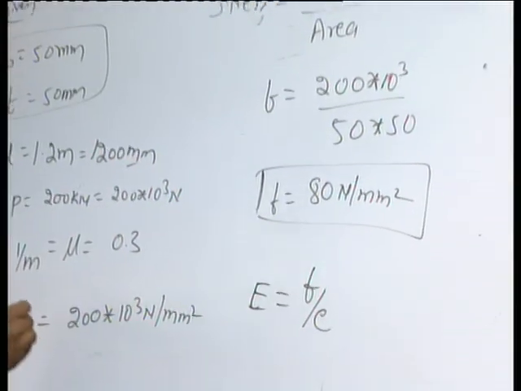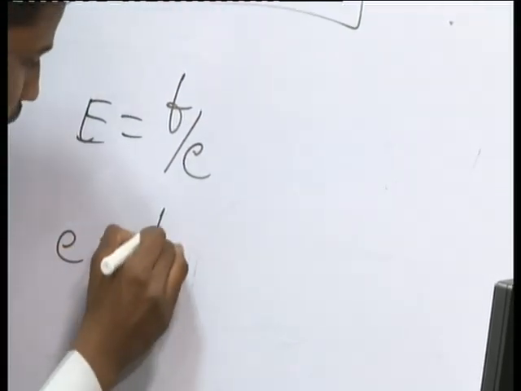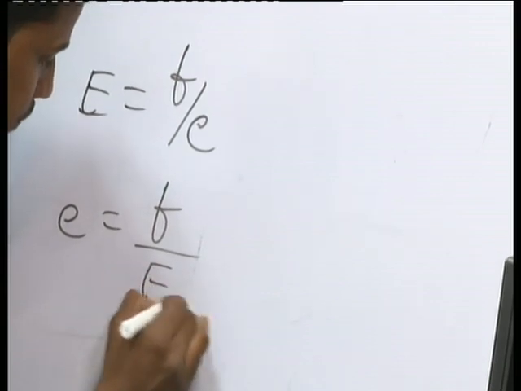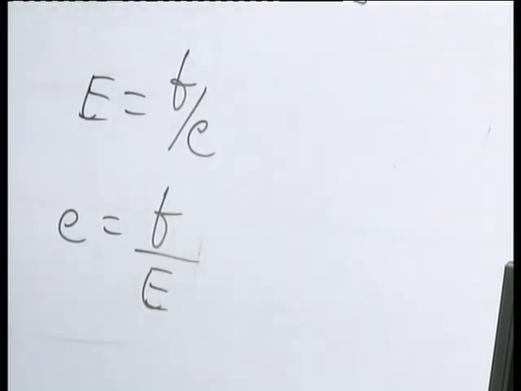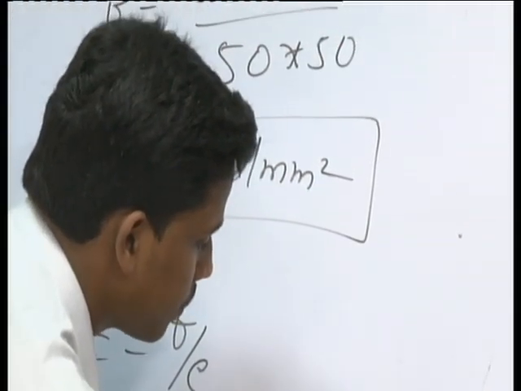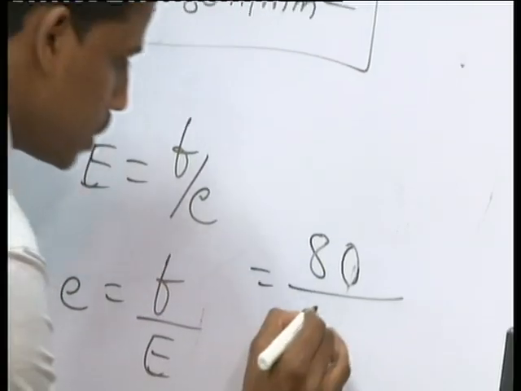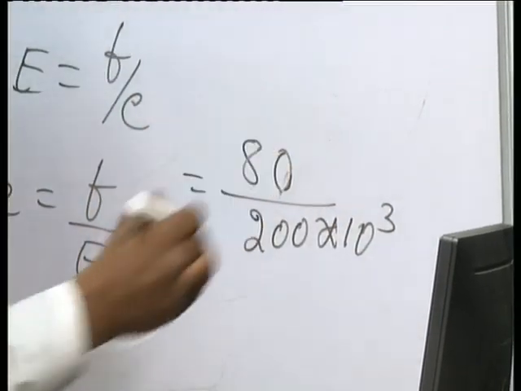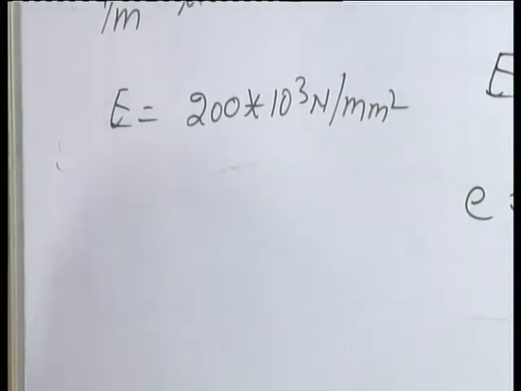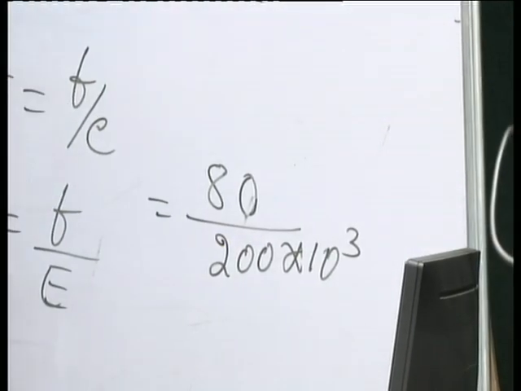Young's modulus is equal to stress by strain, so strain is equal to stress divided by Young's modulus. We have stress equal to 80 and Young's modulus equal to 200 into 10 to the power of 3, so 80 divided by 200 into 10 to the power of 3.